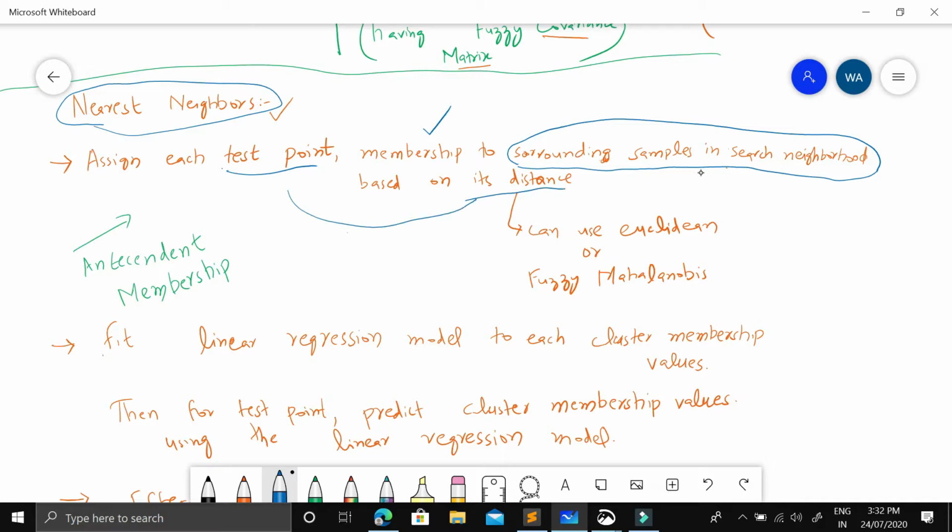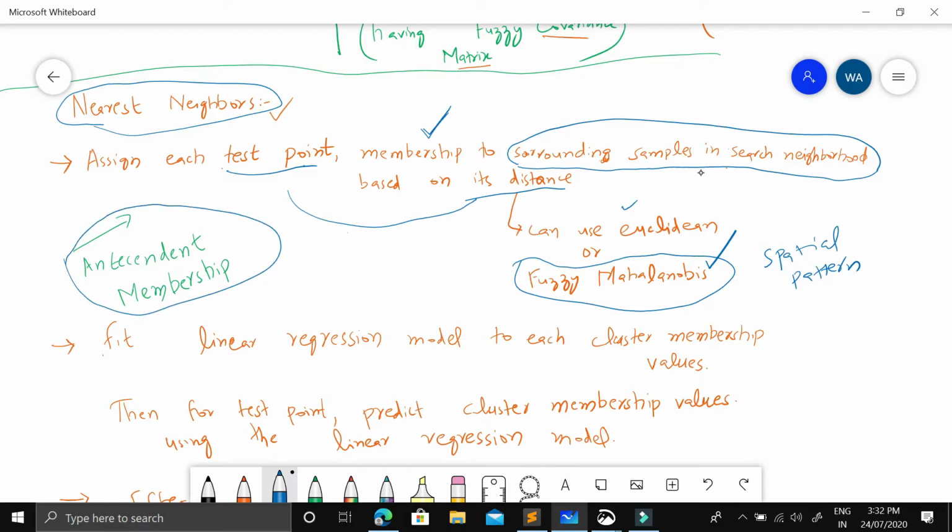That distance could be Euclidean, but here we use the fuzzy Mahalanobis distance to make use of that spatial pattern and spatial structure, as I explained. So we calculate this fuzzy Mahalanobis distance between the test point and the surrounding samples, and then based on that distance, we give membership to each of the surrounding samples. This is what we call the antecedent membership of each surrounding sample to the test point.